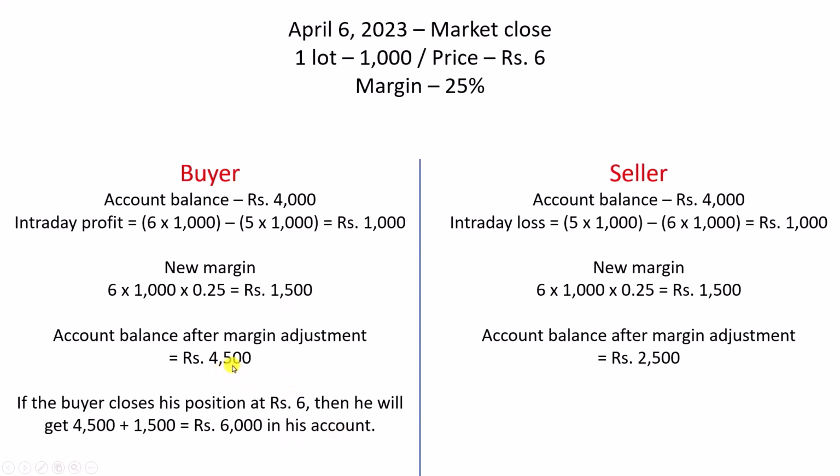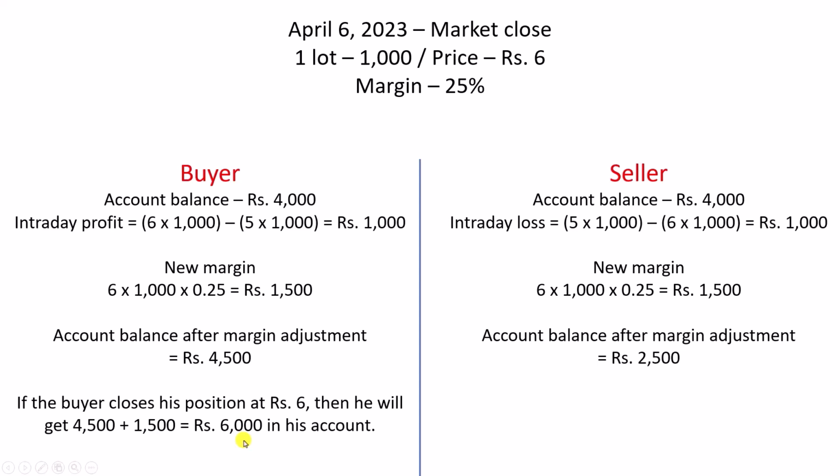Account balance is 4500, correct? He will get the margin money back. So 4500 plus 1500, 6000 rupees in his account if he comes out of the trade. So how much was in the account? Initially it was 5000, correct, before buying the future.